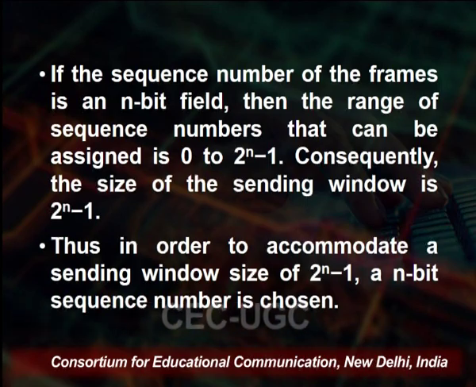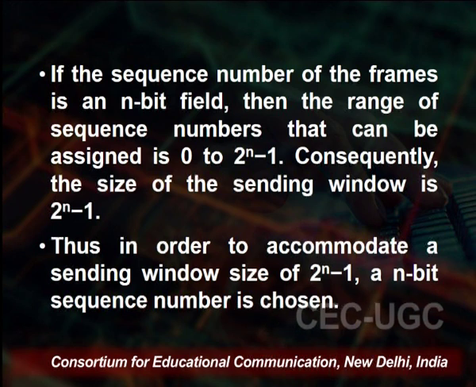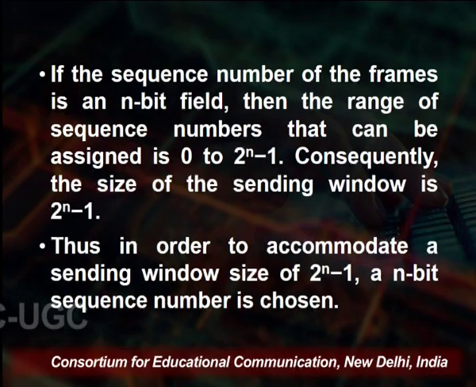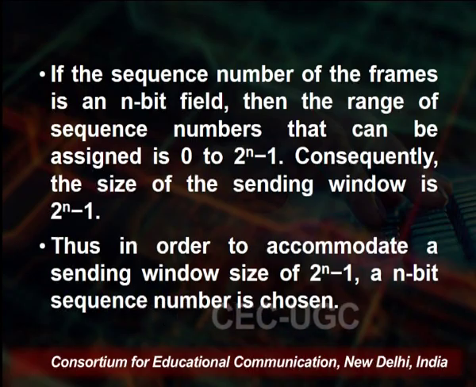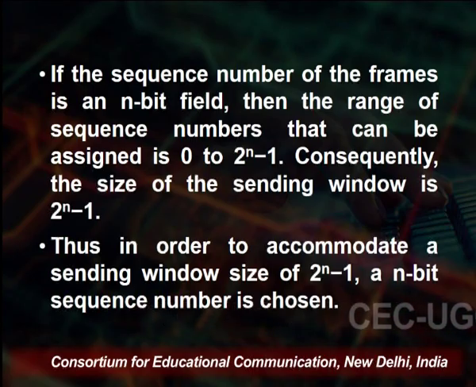So in order to accommodate a sending window size of 2 to the power n minus 1, an n bit sequence number is to be chosen. We will be looking into examples with a 3 bit sequence number with a 3 frame window or a 4 frame window as well. The sequence numbers here are numbered modulo n.